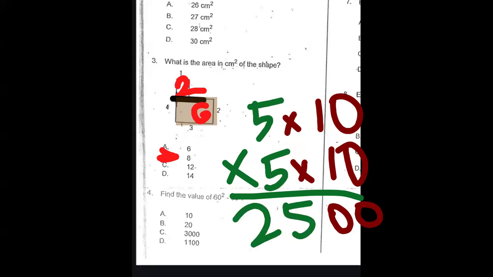If we do the same thing for 5 times 5, we're going to have 25.